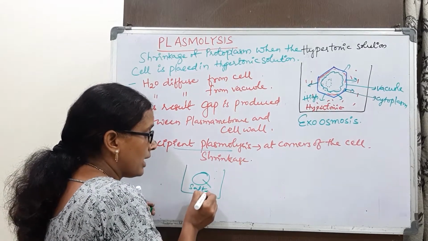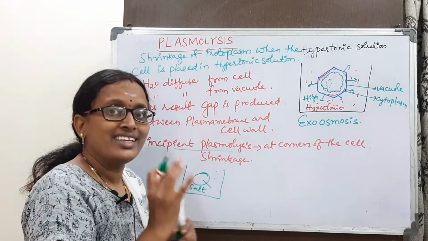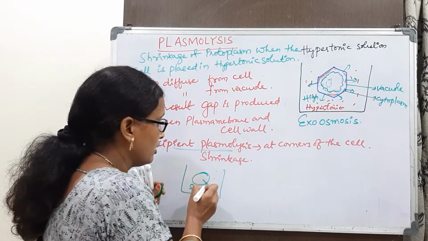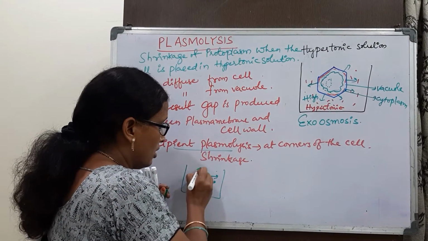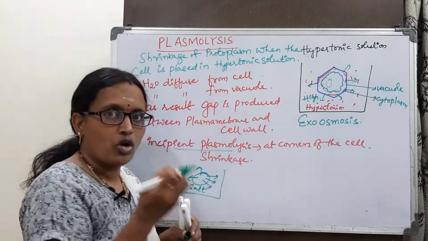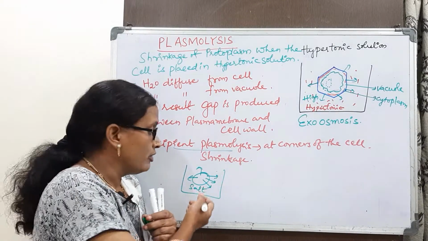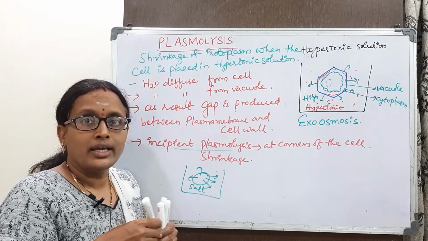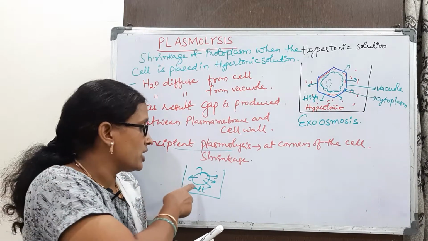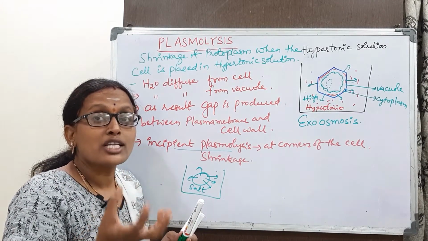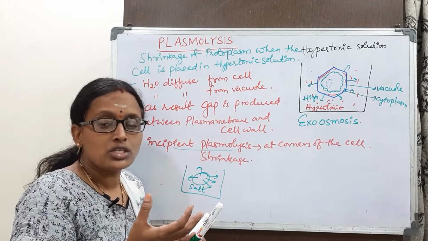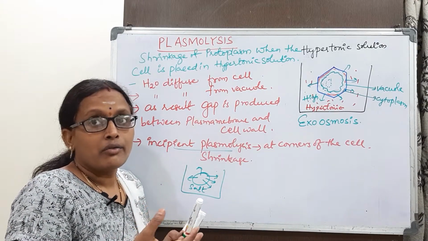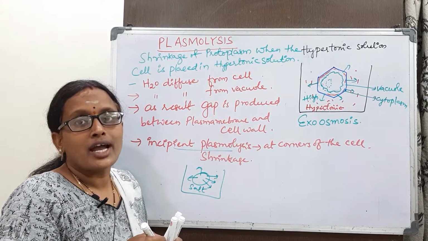What happens? You are creating a high concentration. At that time, whatever water is there in those pieces of pickle will come outside. As a result, that means plasmolysis. By the plasmolysis process, we are preserving fish and pickles.